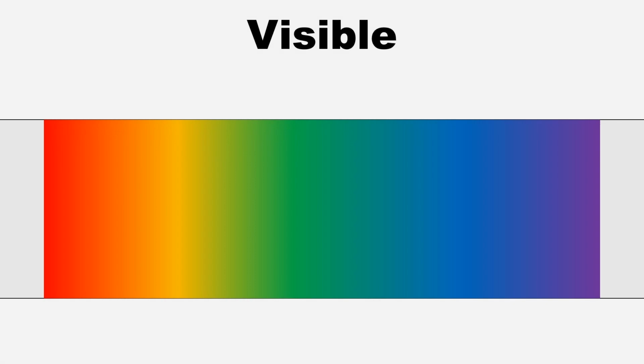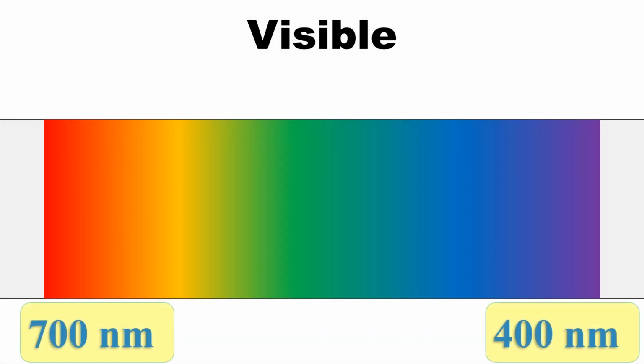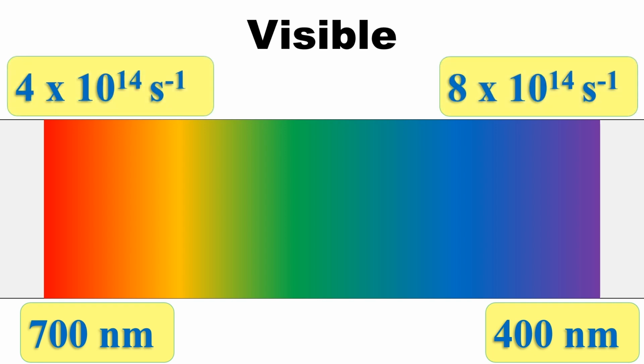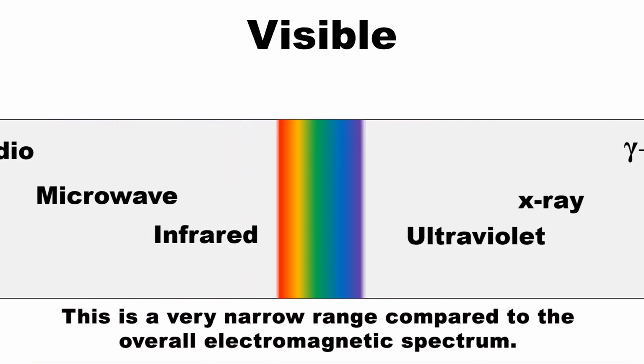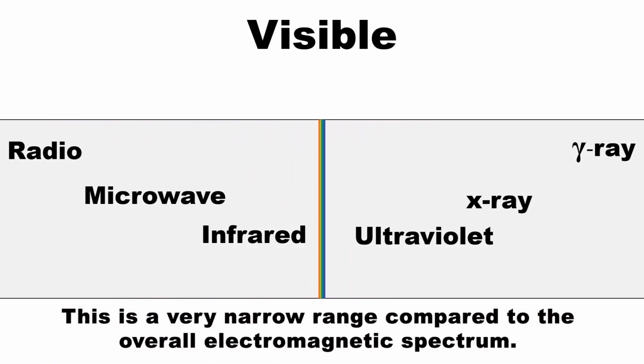The visible region of the spectrum ranges from about 700 nanometers to 400 nanometers. This corresponds to a frequency range of about 4 times 10 raised to the 14 inverse seconds to 8 times 10 raised to the 14 inverse seconds. This is a very narrow range compared to the overall electromagnetic spectrum.